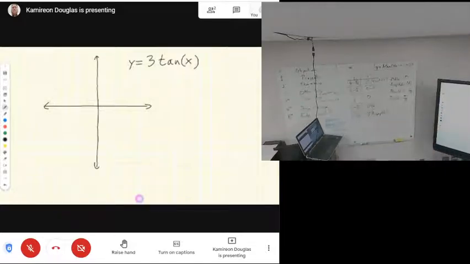All right. Let's go through each of these as we go. And as we go through them, I'm going to make my adjustments. Here we go. First one. Look at midline.